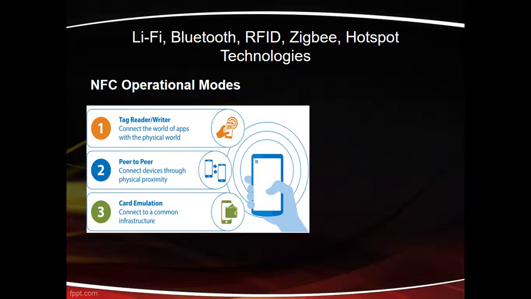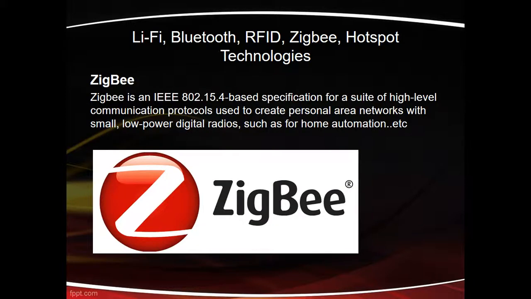Then there are a lot of technologies in wireless, as I told you at the start of the presentation, not like wired. So Zigbee. As I mentioned, Zigbee is a specification suite, a high-level communication protocol to create personal area networks. It operates at 2.4 gigahertz, covers a maximum of approximately 3 kilometers, supports two-way communication, and has data rates of 20 kbps to 250 kbps.